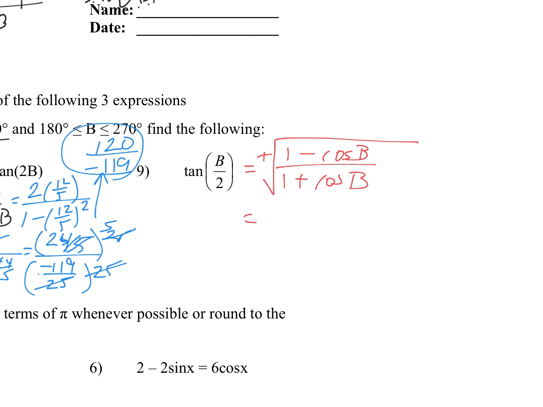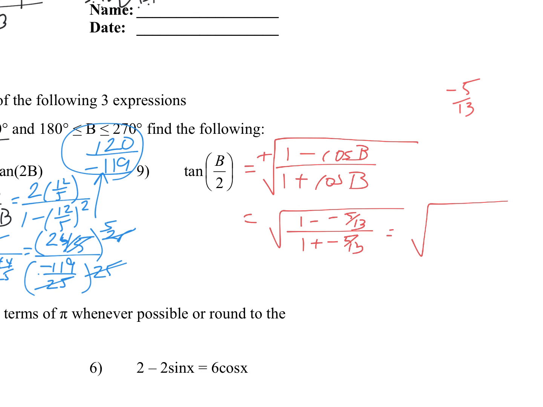Now to do this, we already know the b triangle, so its cosine of b is negative 5 over 13. So we're going to replace cosine of b with that. So 1 minus negative 5 over 13 over 1 plus negative 5 over 13. And so my fraction up top becomes 18 over 13.